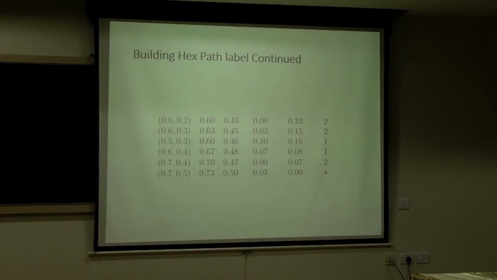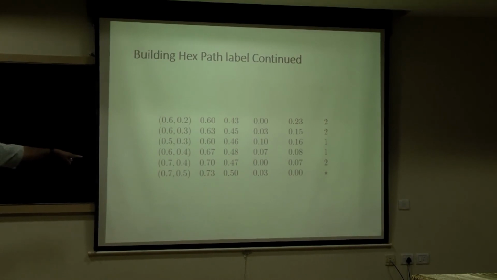So, you take 0.7, 0.5, and when you evaluate that, the value of the function is 0.73 and the other one is 0.50. The difference is that both are less than 0.05, so you are not able to assign it either to 1 or 2.